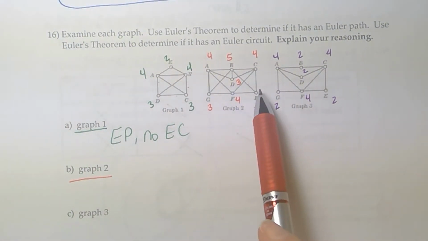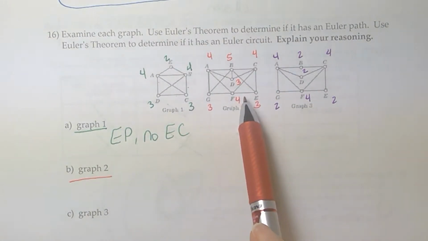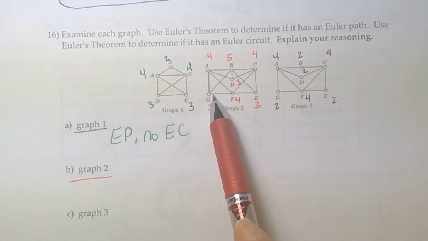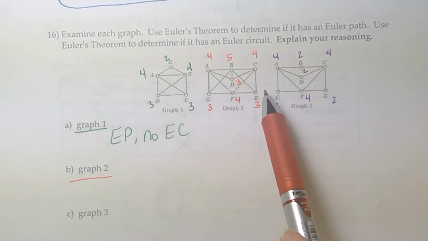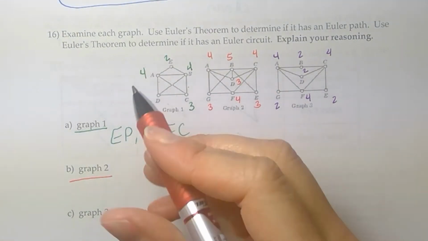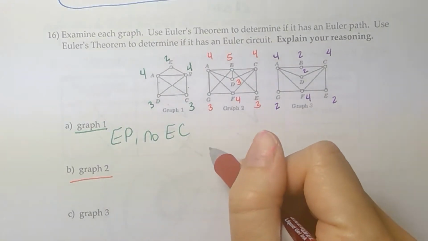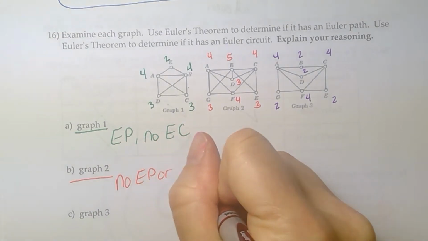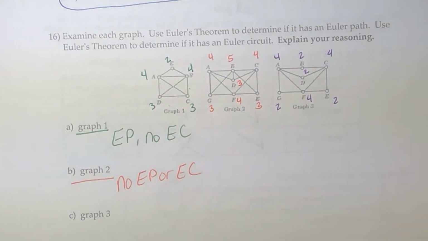For graph 2, I have 1, 2, 3, 4, 5, 6, 7 vertices total. 1, 2, 3, 4 of them are odd and 3 of them are even. That gets me nothing. So when I have more than 2 odd, I know that I have no Euler paths or Euler circuits. So I don't even need to worry about looking.